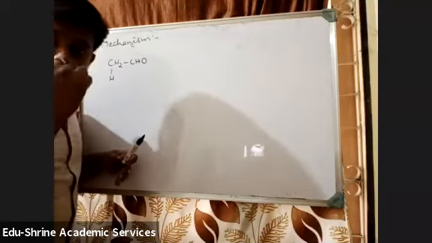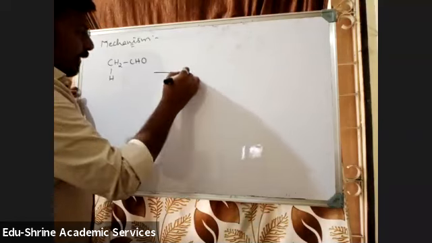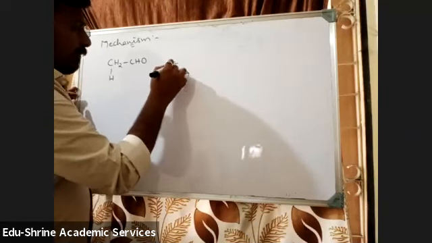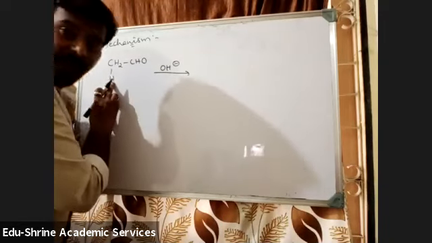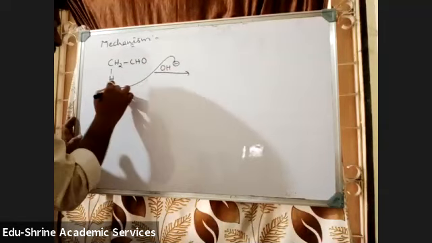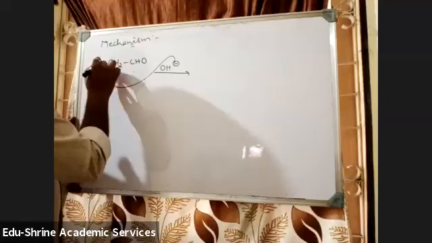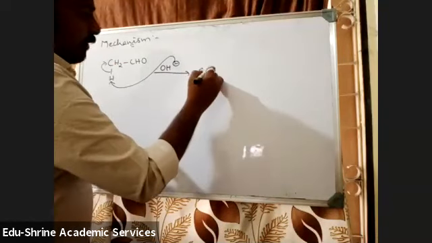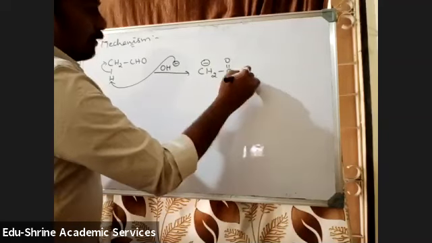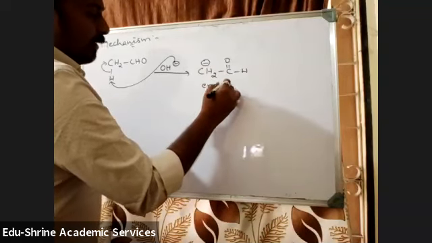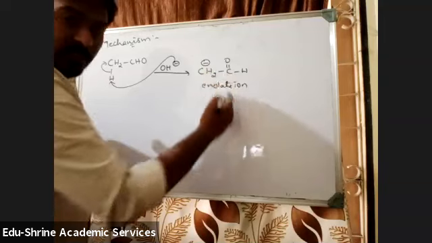So I am writing it as CH3 CH2 CHO. In the presence of OH minus, in the presence of a base, what will this base do? This will take the alpha hydrogen. This bond pair of electrons will shift here. So you'll get CH2 minus, C double bond O. We know that this is the enolate ion, which is stabilized through resonance.